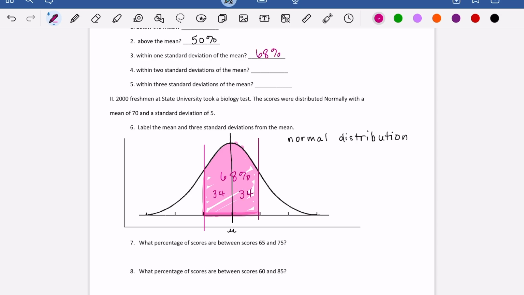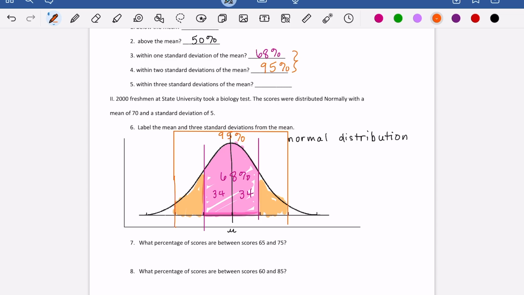Next, it says within 2 standard deviations of the mean. So we're increasing our spread here. Within 2 standard deviations, we're increasing all of this to 95% of all data. So when we add this section here and this section here to the pink, we've increased it from 68% to 95%.